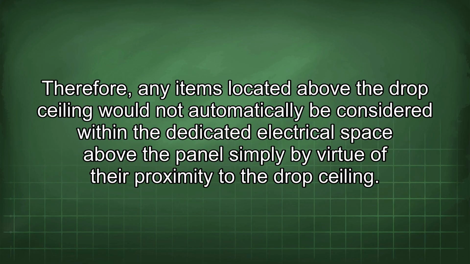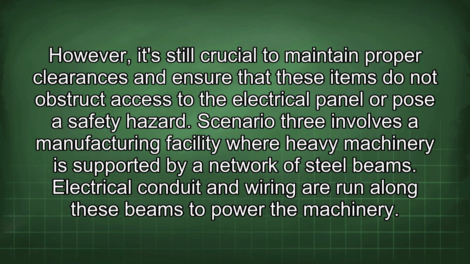Therefore, any items located above the drop ceiling would not automatically be considered within the dedicated electrical space above the panel simply by virtue of their proximity to the drop ceiling. However, it's still crucial to maintain proper clearances and ensure that these items do not obstruct access to the electrical panel or pose a safety hazard.